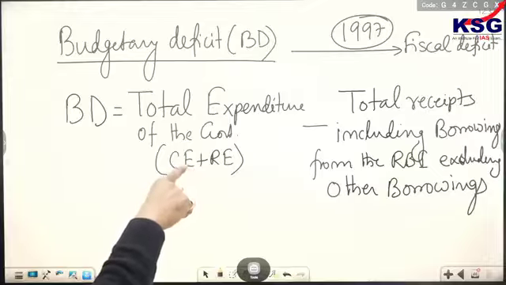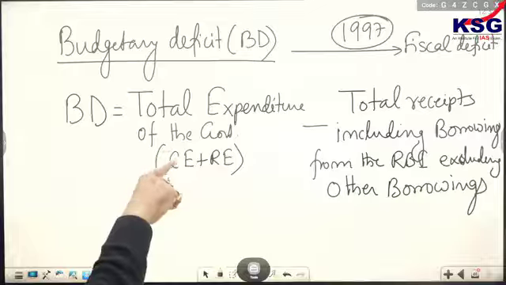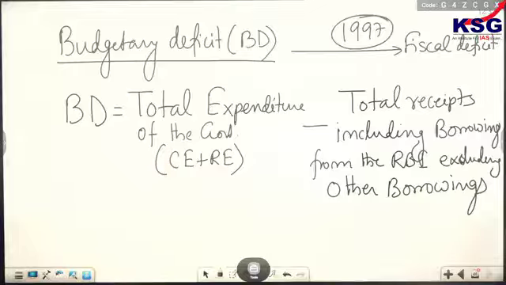Here you are taking total receipts of the government, but the difference is that you are including borrowings from the RBI. How much you borrowed from the RBI, that part you already included.